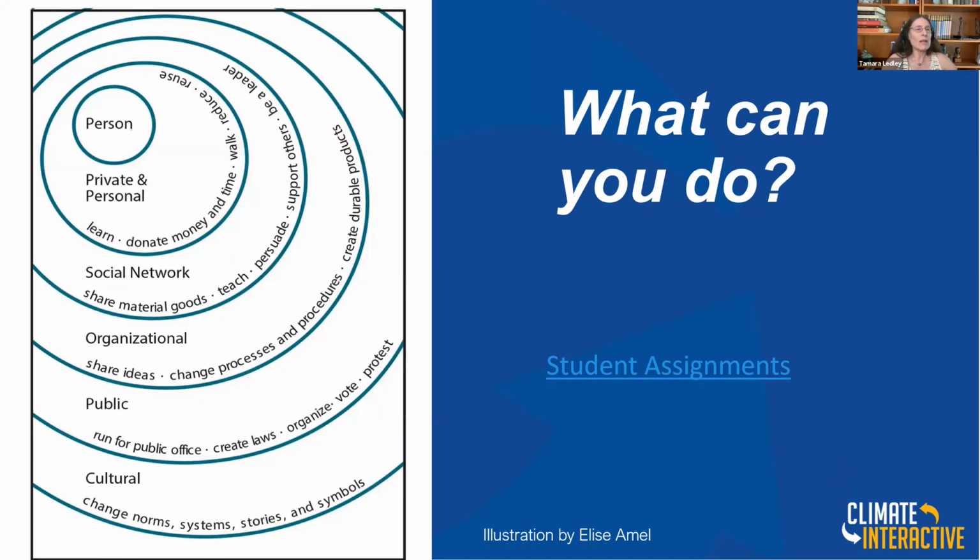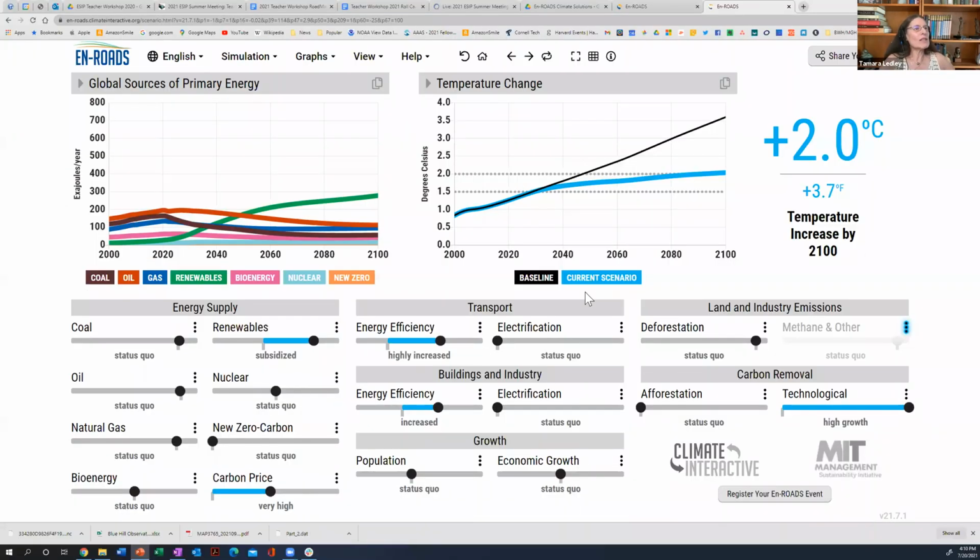One of the things about the En-ROADS model, all of these solutions are making the assumption that they're being implemented worldwide. We know that that's not practical. There are some locations in which some solutions are much more effective than others. But the model has been set up so that you think about what will happen if the entire world does it.